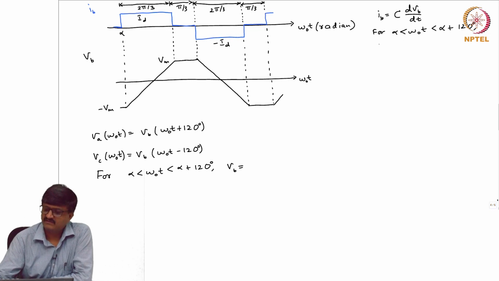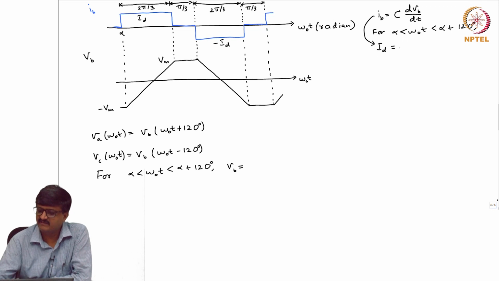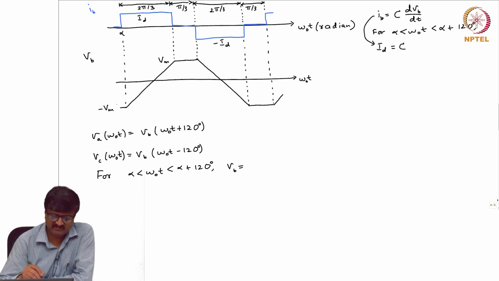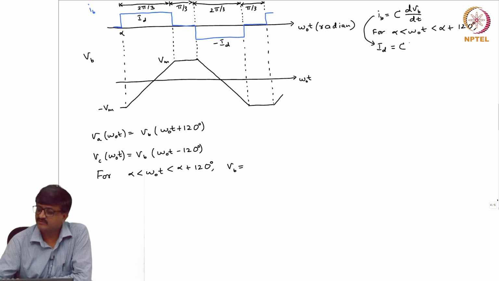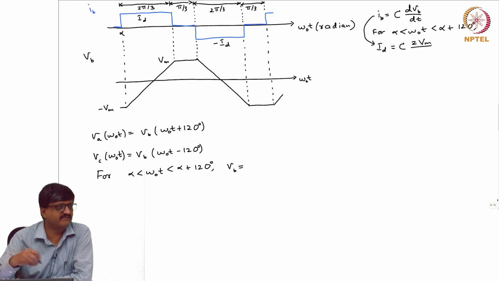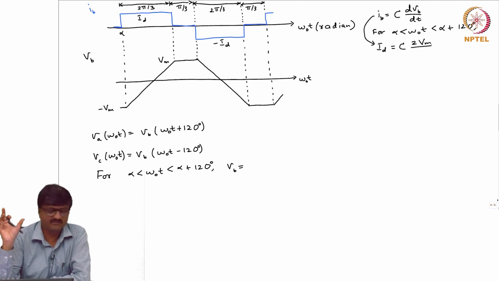IB is ID. So, this equation can be written as ID equals C dVB by dt. So, VB goes from minus Vm to plus Vm. So, the change in VB is 2 Vm divided by the time taken. So, it is linear, in fact, it is linearly increasing. So, the slope is constant for this 120 degrees.